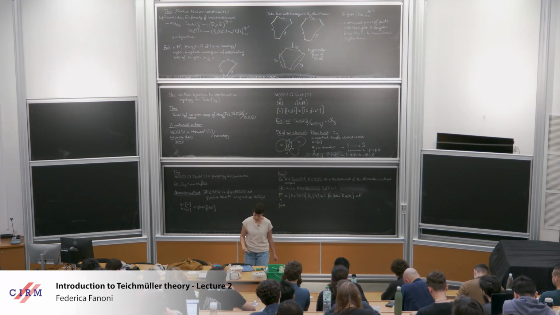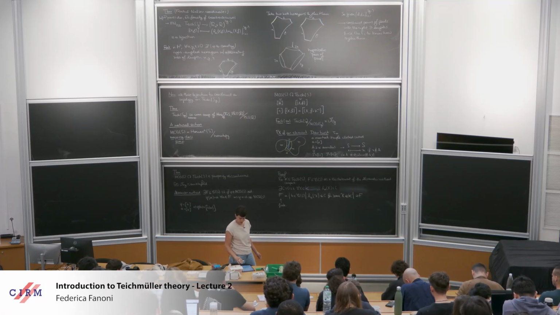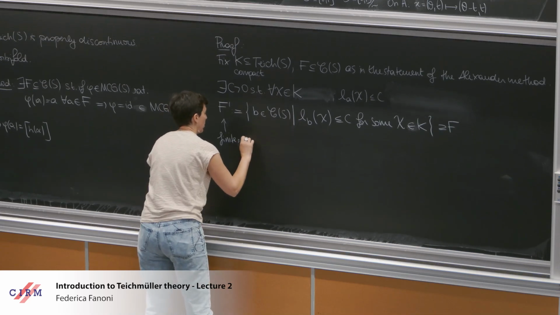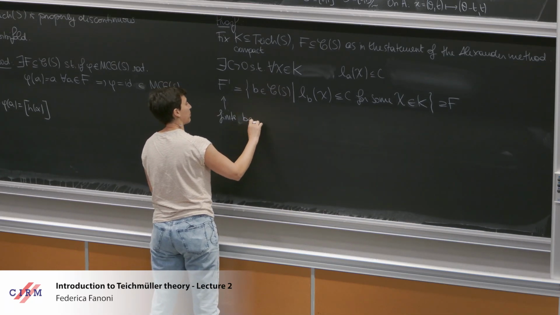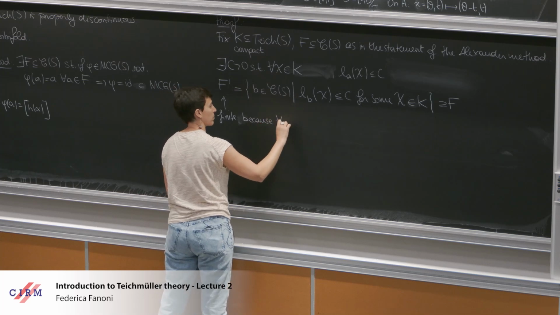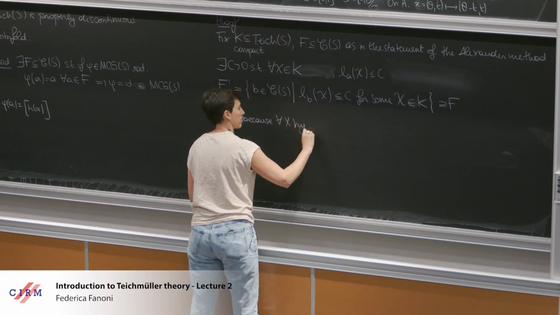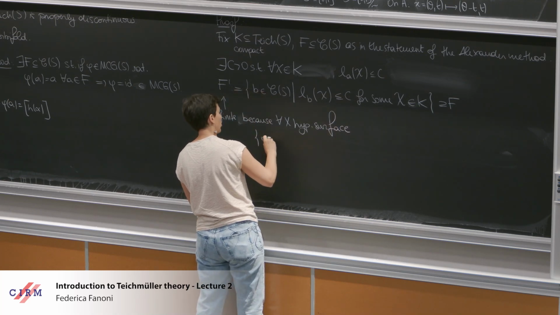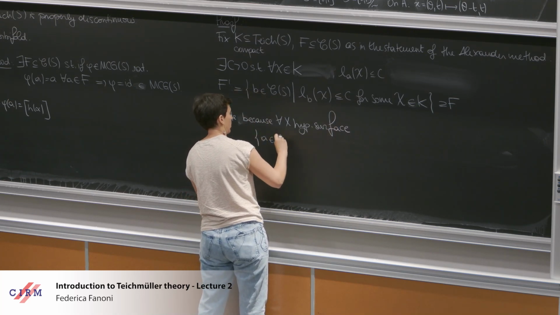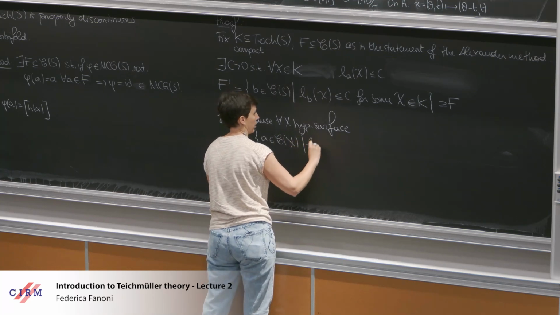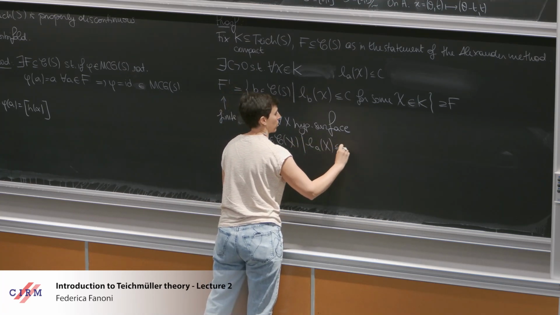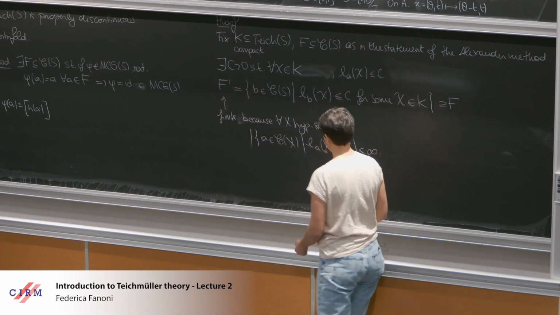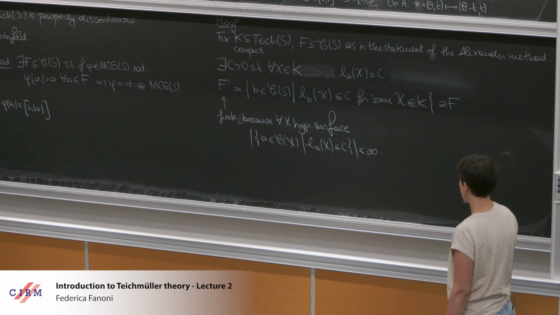And this is essentially because this is finite on any surface, and then you are on a compact. If I look at the collection of curves such that the length of the curve is at most c for any constant c, this is finite. And I think this is an exercise. It's not super hard.